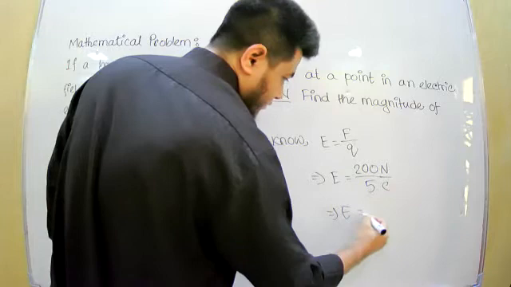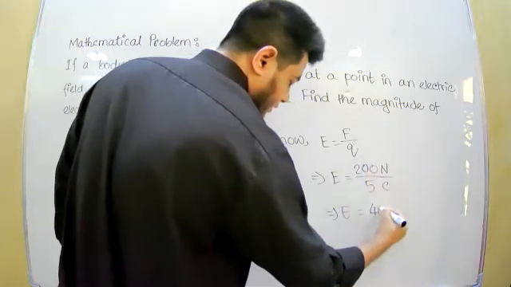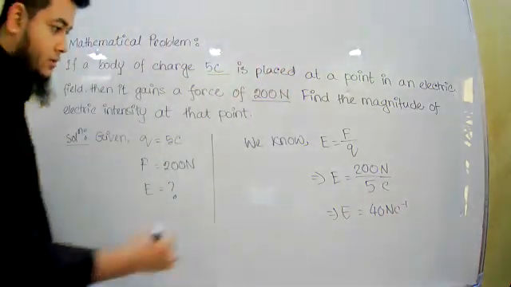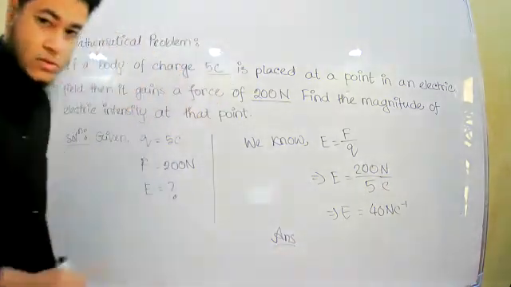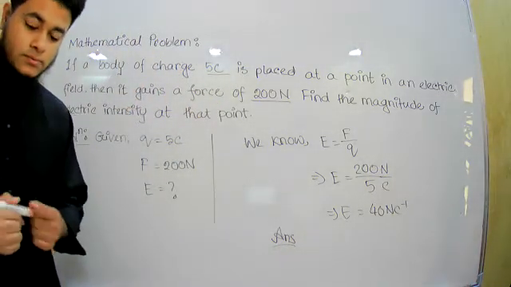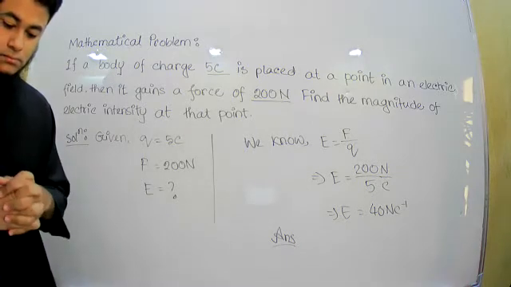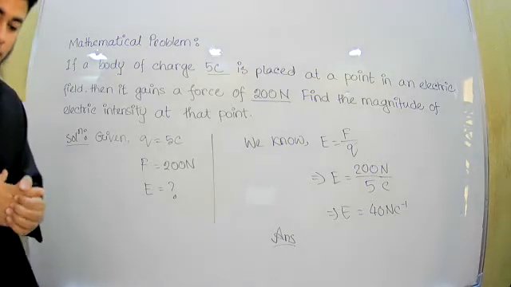So E is equal to 40 Newton per Coulomb. Okay, that is our answer. Very easy problem, very easy solution. Do you have any doubt? No, sir. Okay.